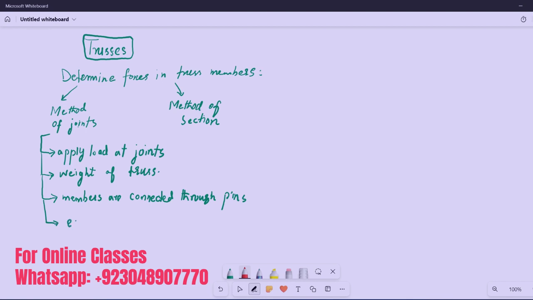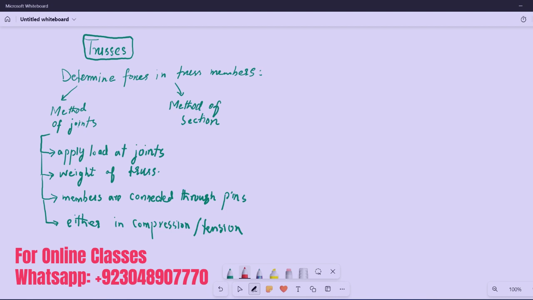So we will assume that our members are either in compression or in tension. Because once you are looking at the truss, it is important to understand the behavior of the different members and how they are acting.